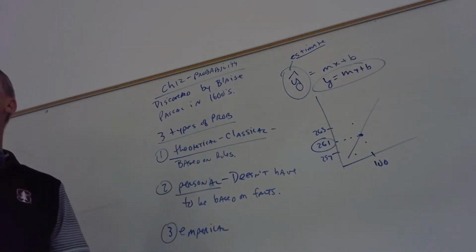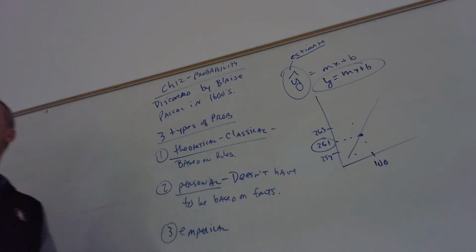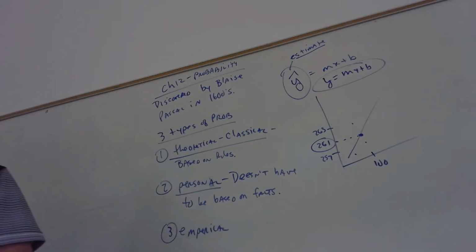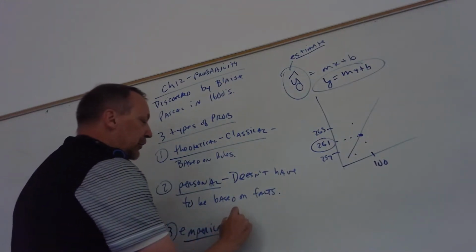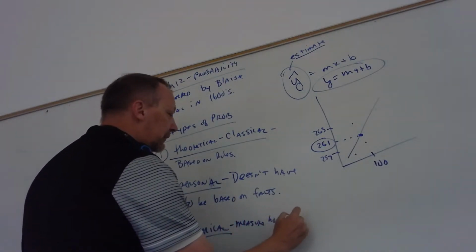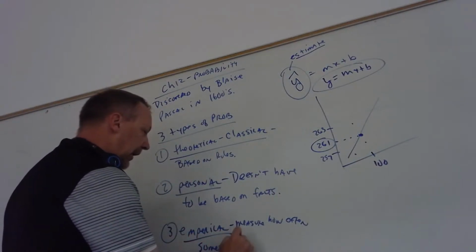Now, the question is, how do you figure out your probability you're going to get breast cancer, Emma? I don't know, is it just like historical? It is, okay? With empirical, you measure how often something happens.